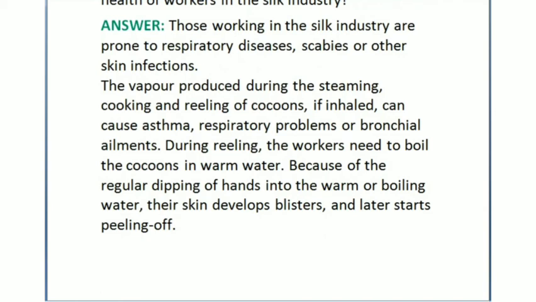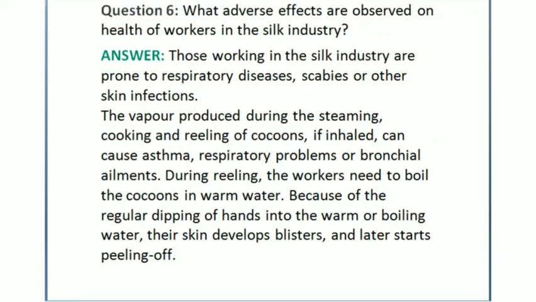During reeling, the workers need to boil the cocoons in warm water. Because of the regular dipping of hands into the warm or boiling water, their skin develops blisters and later starts peeling off. So these are the adverse effects which are observed on the health of the workers who work in the silk industry.